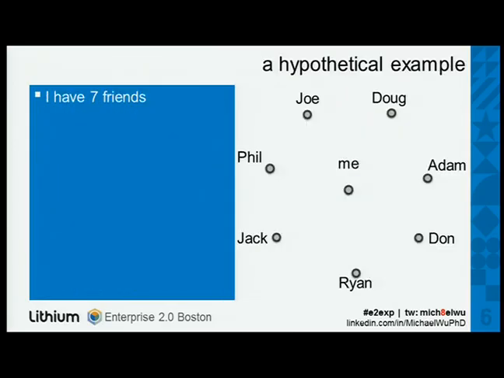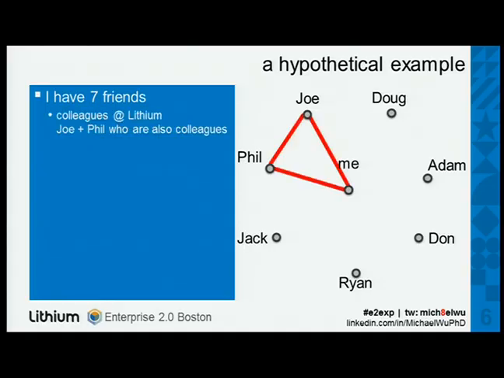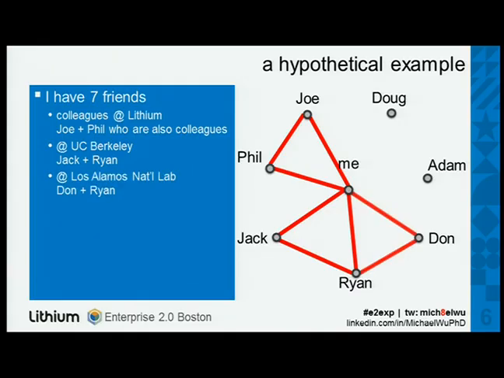Let's say I have a really simple life. I only have 7 friends in my life. That's my social network. For example, Joe and Phil are colleagues of mine. We work at Lithium together. And I also worked with Jack and Ryan before. Also, Ryan and I worked in the same job in 2 places.